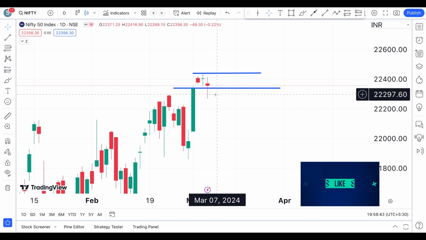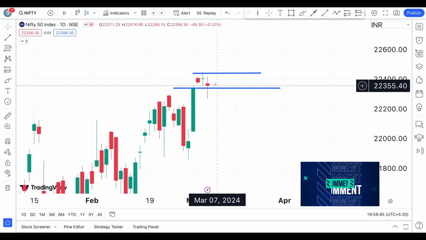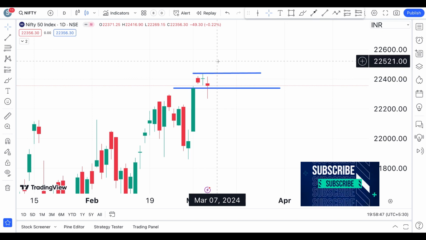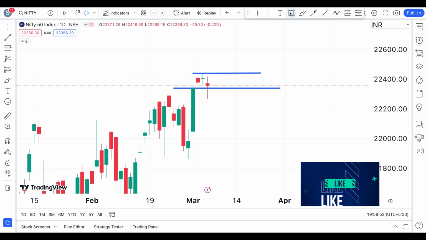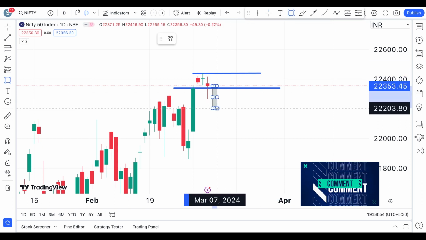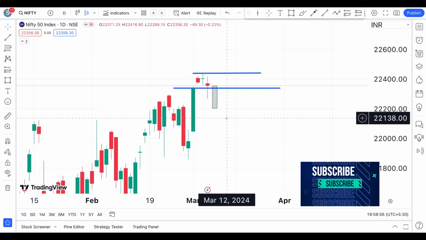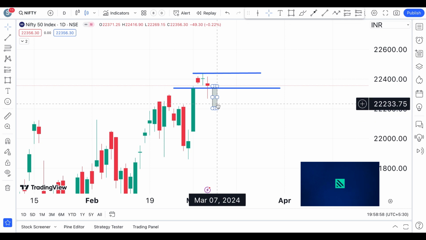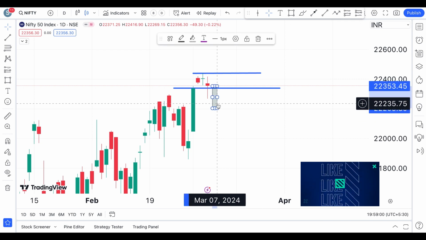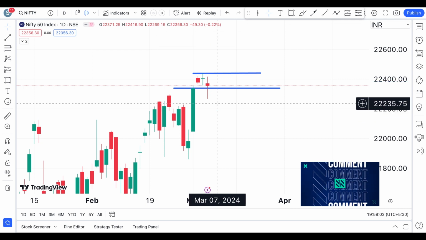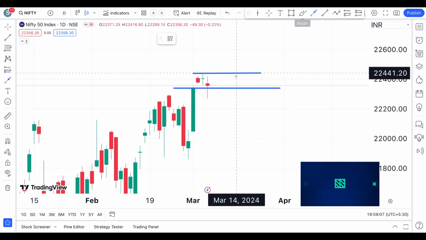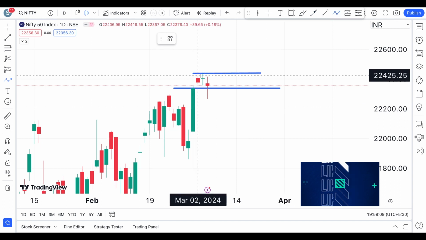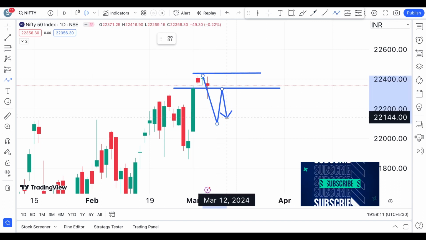Let's see whether it is going to break this and come towards the downside, or whether it is going to break this level and go towards the upper side. Now, if you see any red candle taking place here, upside momentum in the Nifty is going to be doubtful for the next few days, until in a couple of places where you would see a small reaction towards this level.